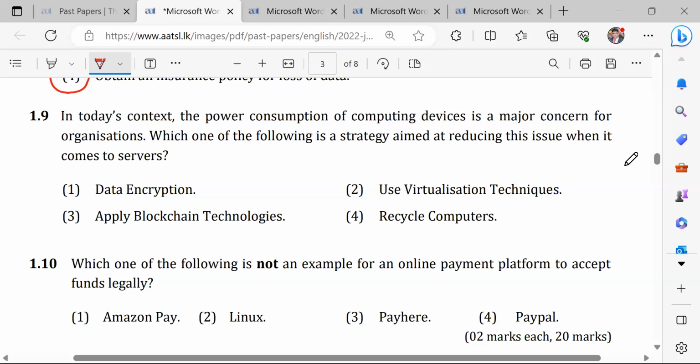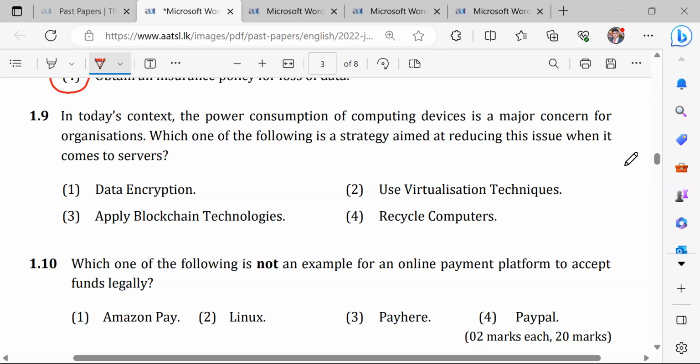Then save power, electrical power. Data encryption is not related to that, right? Data encryption means conversion of data into other forms, right? When it is transferring over electronic media, right? That is not a method for power saving.